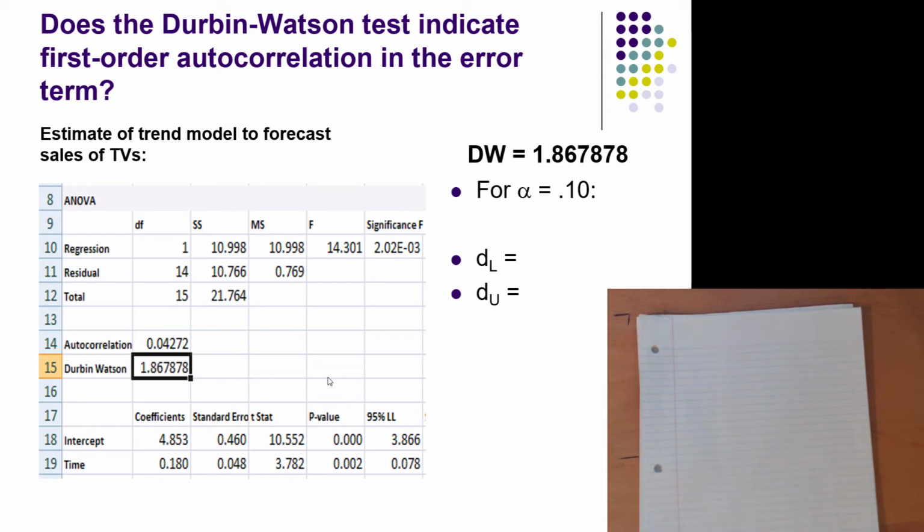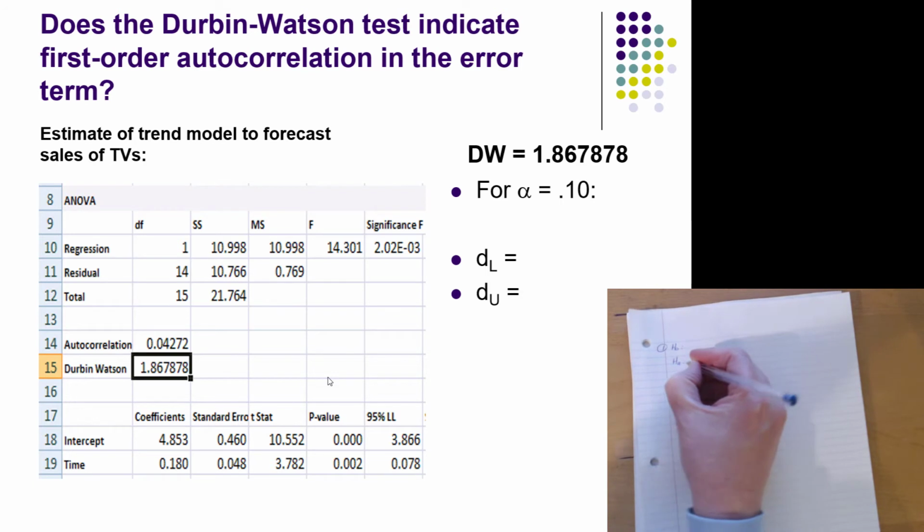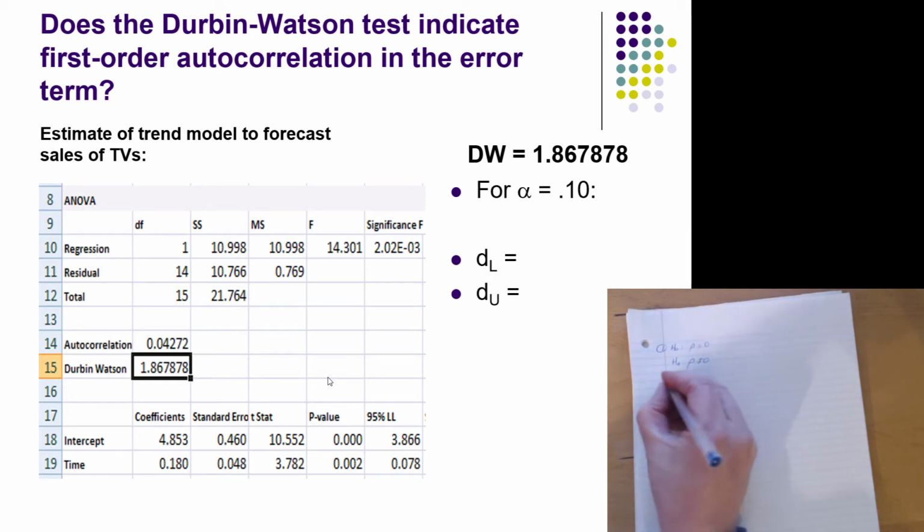Okay, so we're asking ourselves the question, does the Durbin-Watson test indicate first order autocorrelation in the error term? So when we think of our step 1, we think of H0, we think of HA, and it just says, does it indicate first order auto? So it doesn't say a particular flavor of autocorrelation, just any autocorrelation. So we go Greek letter rho not equal to 0 versus the Greek letter rho equal to 0.